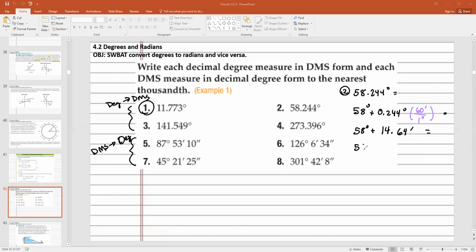We're going to do 58 degrees plus 14 minutes plus 0.64 and the same thing. Times 60, this time seconds, so 2. So it's like a quote over 1 minute. Oh, this should be a minute here.